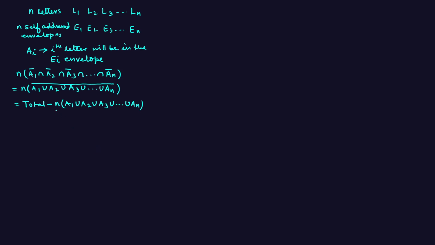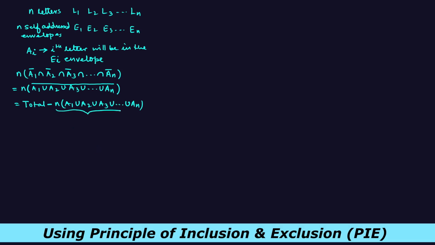Now, from the principle of inclusion and exclusion, we can write this as total minus sigma n(A1), minus sigma n(A1 intersection A2), plus sigma n(A1 intersection A2 intersection A3), and this thing goes on.